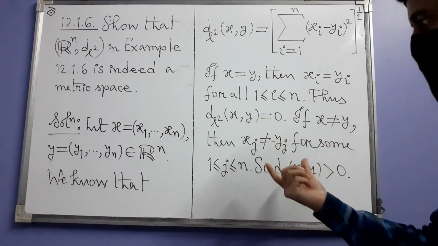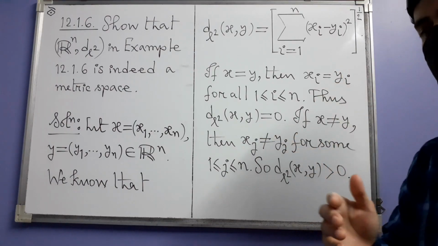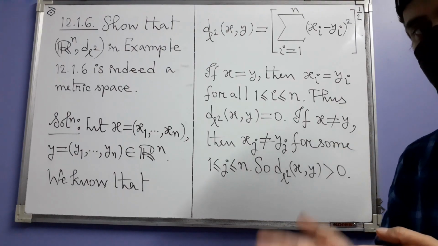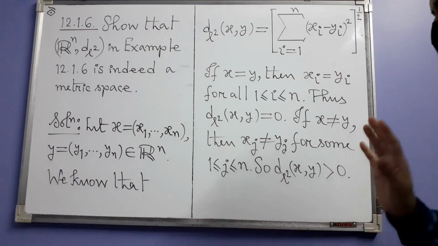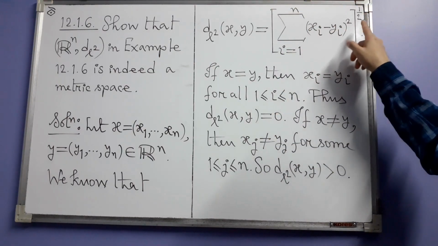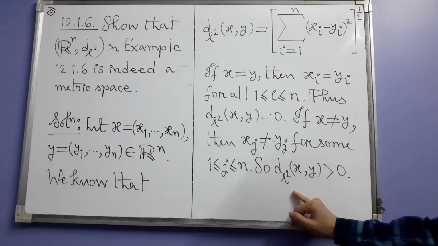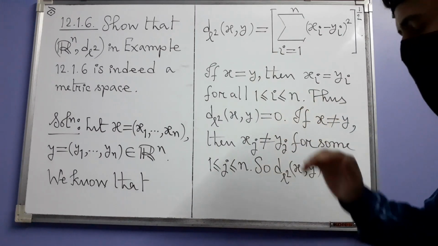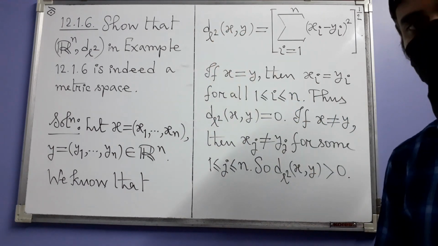So whatever positive you are having from the term xj minus yj whole square, that cannot be reduced by the other terms because of their non-negativity, and that is why the sum would stay positive, and so its square root would also be a positive real number, which is this dl2 distance between x and y. So we have verified the first two conditions for a metric for this function dl2.